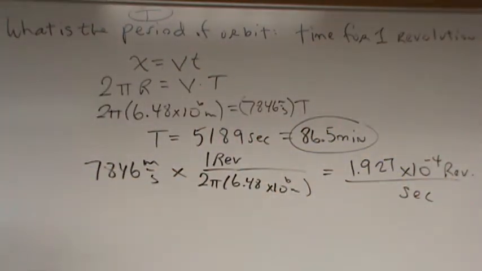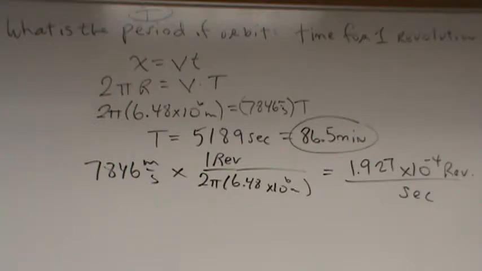That's what I'm getting. When I do this, I get 1.927 times 10 to the negative 4th revolutions per second. So now what should I do? When you just need to multiply the 60 seconds of time to get per minute. Well, okay, I could do that, but before I do that, what should I do?